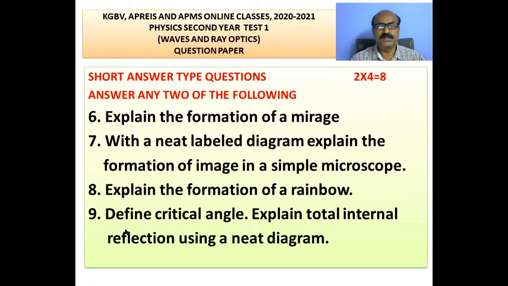The 9th one is, define critical angle, explain total internal reflection using a neat diagram. These are the questions given under 70% of the syllabus, and the 30% deleted syllabus was observed while giving this question paper.